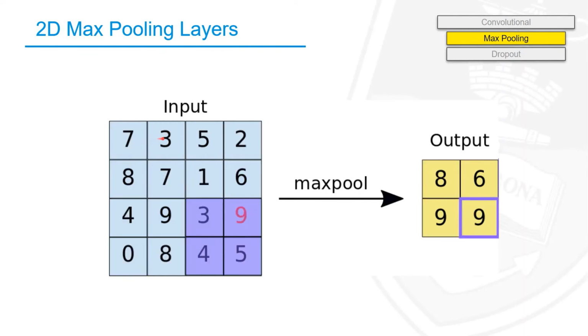So a 7, a 3, a 7, and an 8. The 8 is the highest. It will then take the 8 and project it here into this quadrant over here. So what it's doing is it's taking a 4 by 4 grid, converting it to a 2 by 2 grid, but still maintaining the maximum values from each one of these grids. So the information is still maintained, but the dimensionality is reduced.